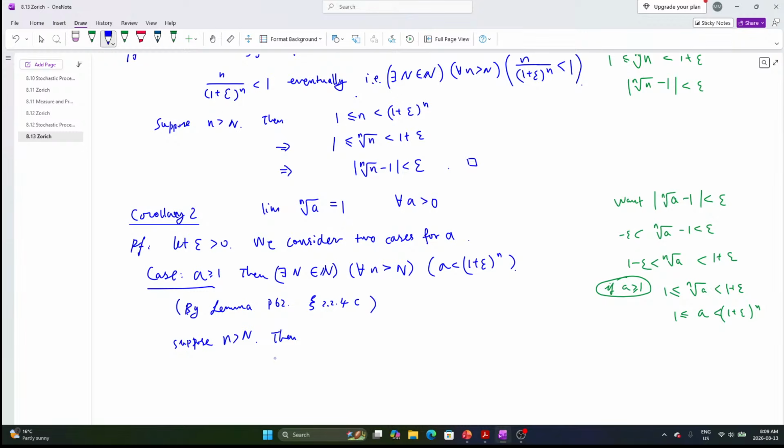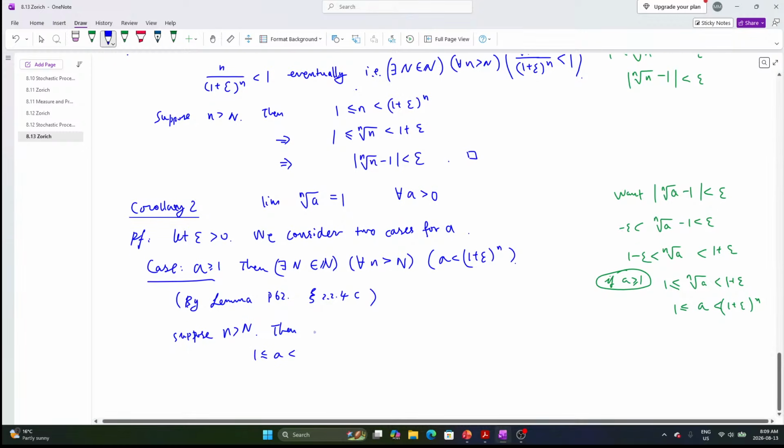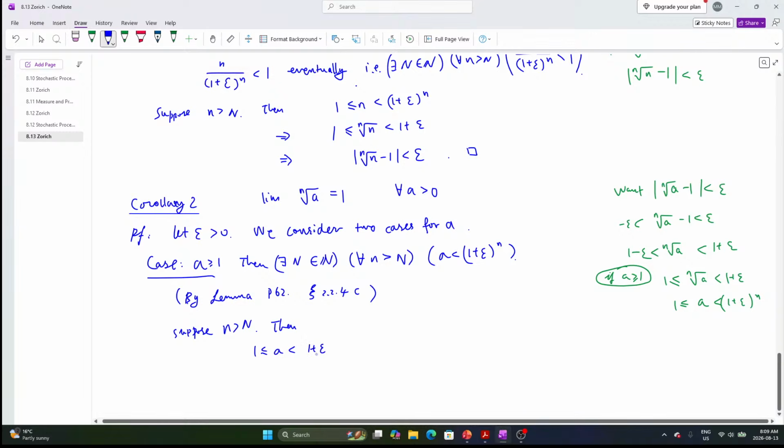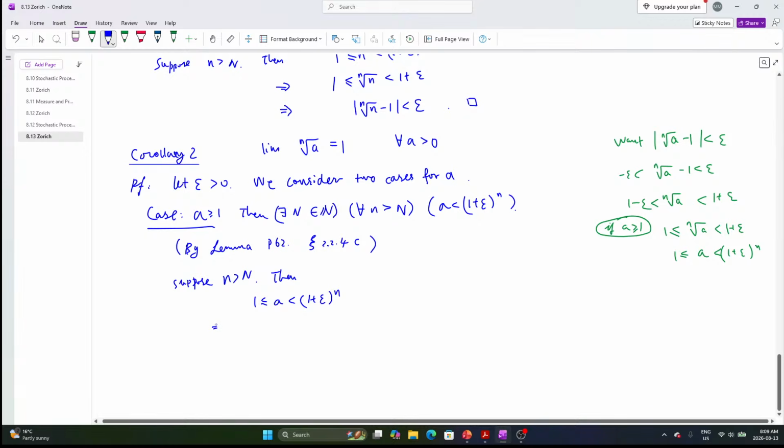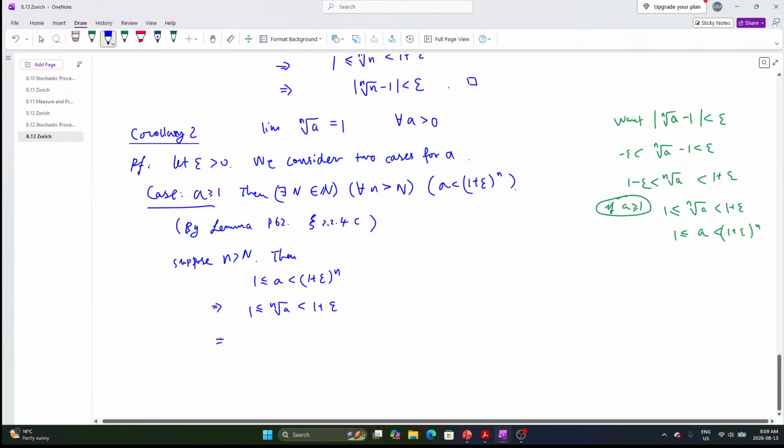Then 1 is less than or equal to a, less than 1 plus epsilon raised to the n. Take the nth root, you get the nth root of a is greater or equal to 1, less than 1 plus epsilon, which implies the absolute value of the nth root of a minus 1 is less than epsilon.